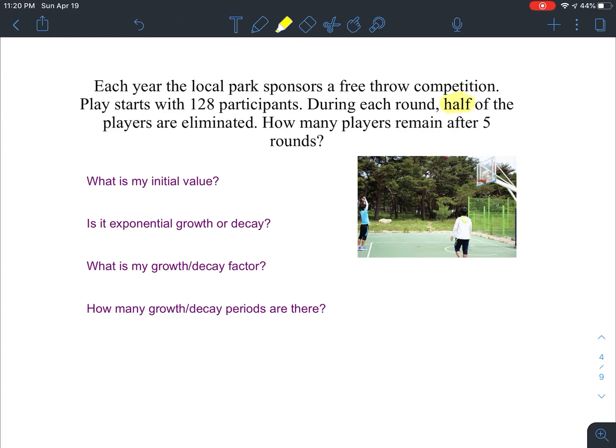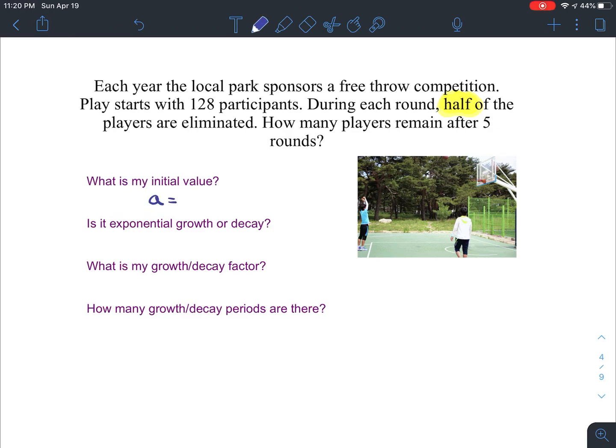What's changing is that we are taking half of the amount. Half of 10 is different from half of 20. It's different from half of 30. So this half amount varies every time, but still by that half amount. So that is a hint that we have exponential growth or decay.